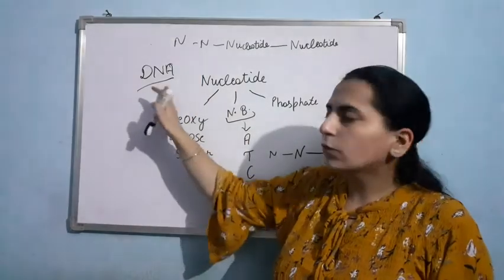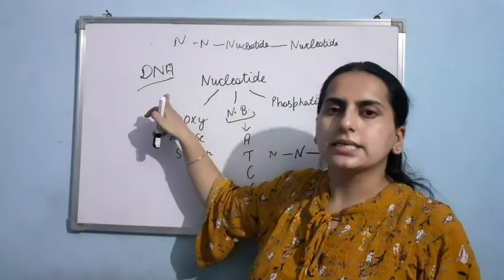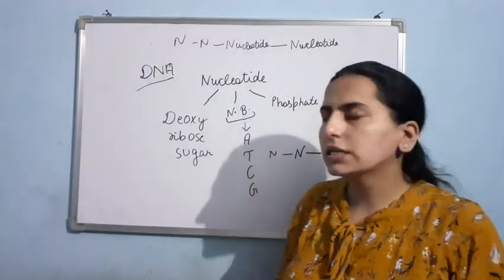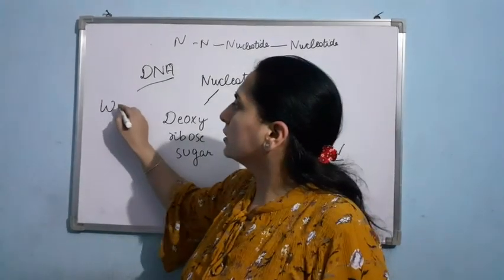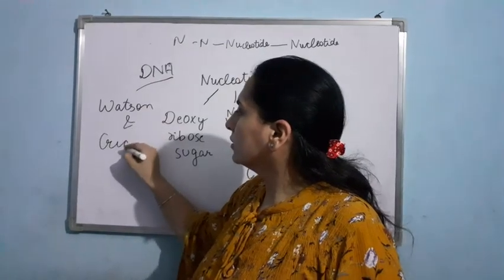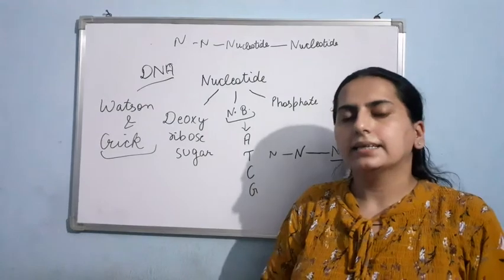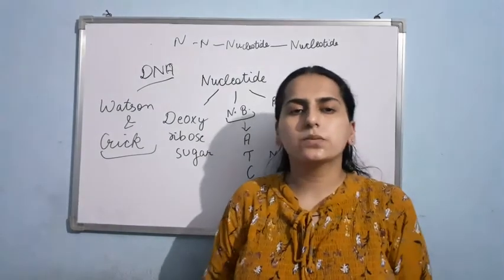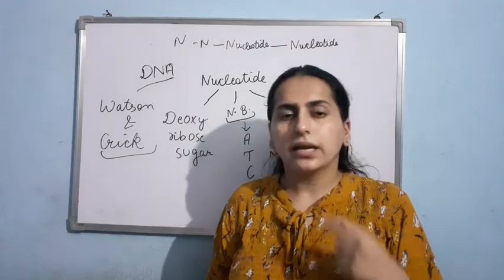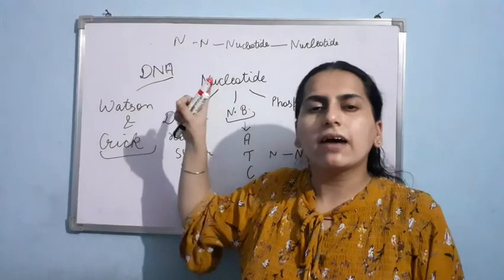Clear? Now today we shall study about the two helices that are present in the DNA. Basically, Watson and Crick were the scientists who gave the double helix structure of DNA. They said that DNA is made up of two polynucleotide chains, and how one polynucleotide chain is formed, we have done.